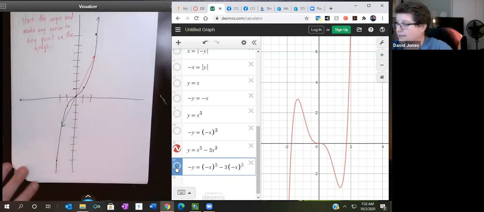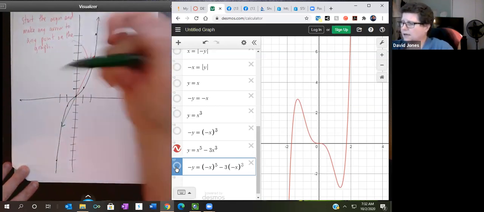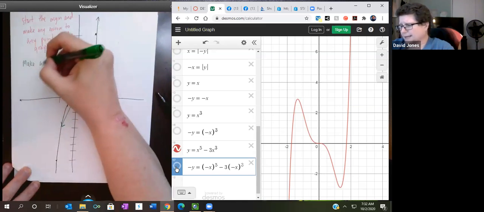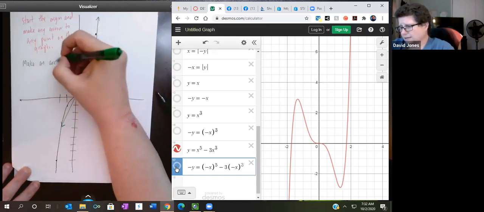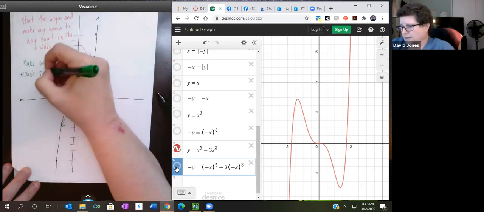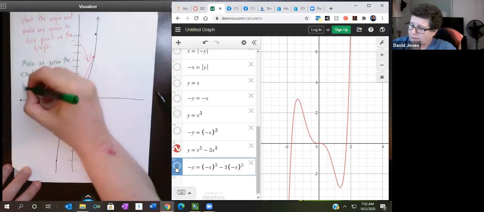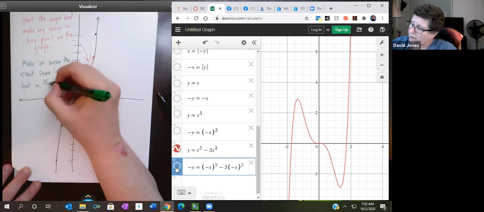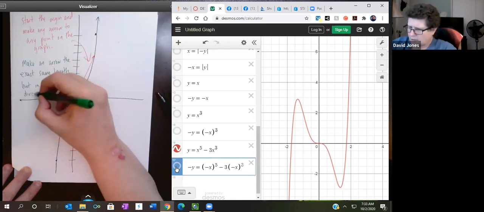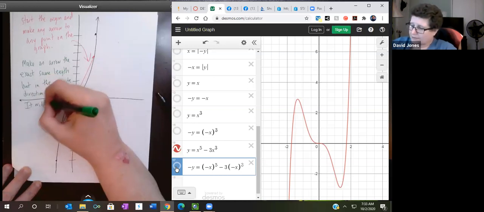Okay, so that's what I did here. Make an arrow the exact same length, but in the opposite direction. It will land on the graph.